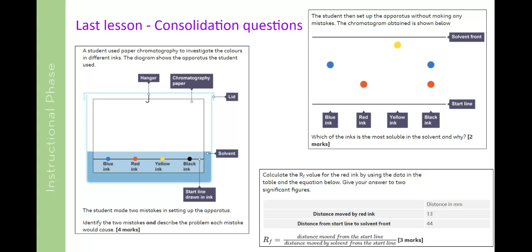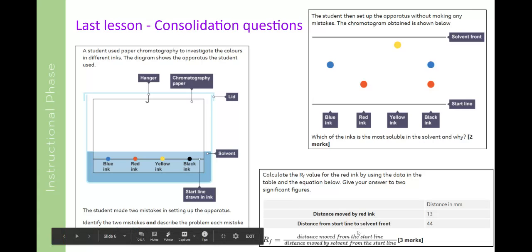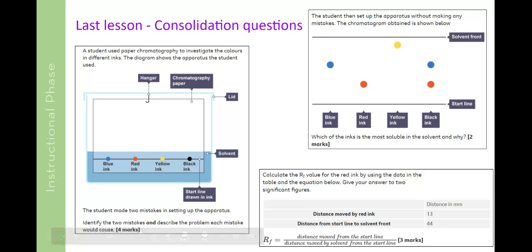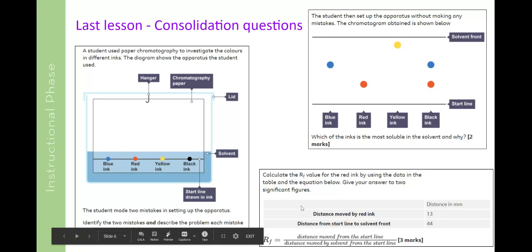So the RF value is the distance moved from the start line divided by the distance moved from the solvent. So the ink divided by the solvent, 13 divided by 44, and you needed to record your answer to 2 significant figures. And that was 3 marks.